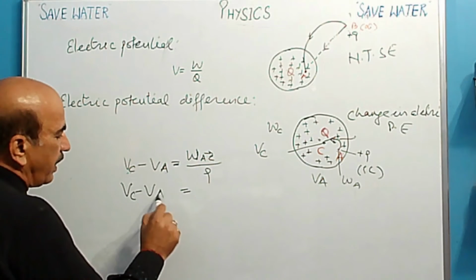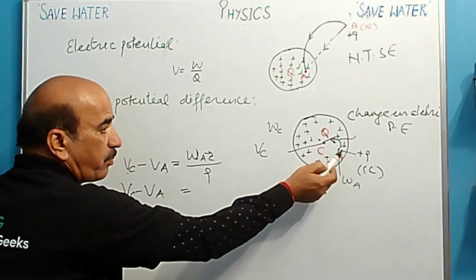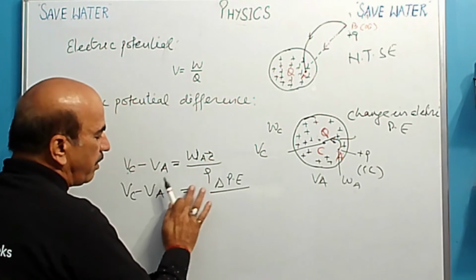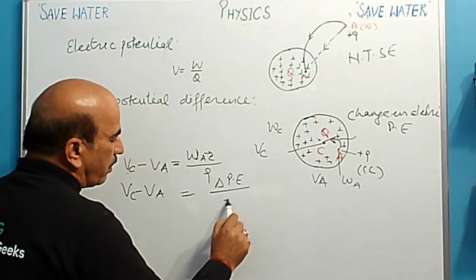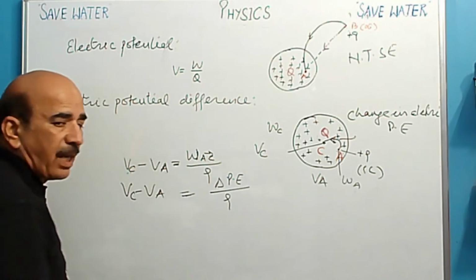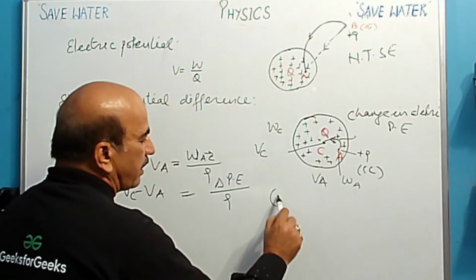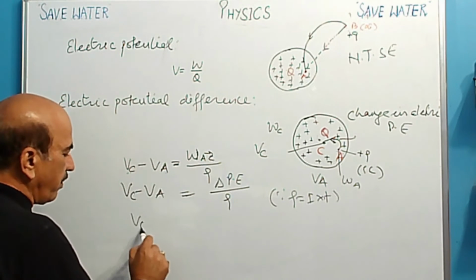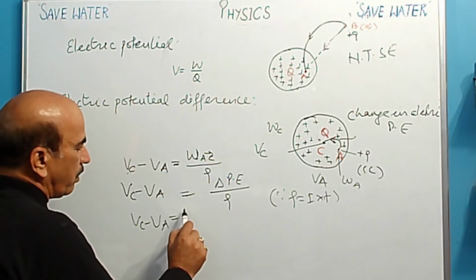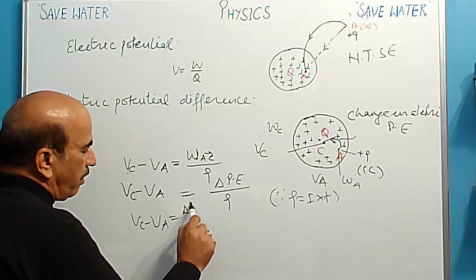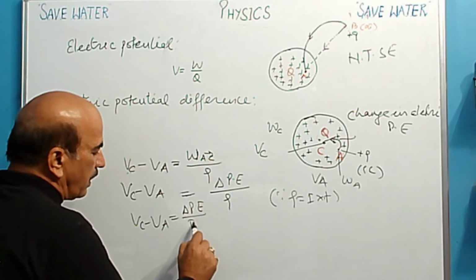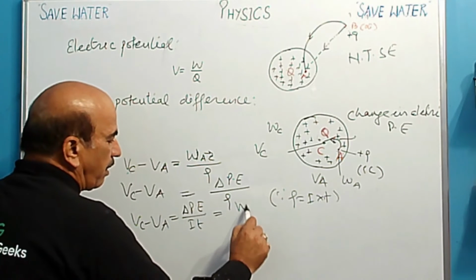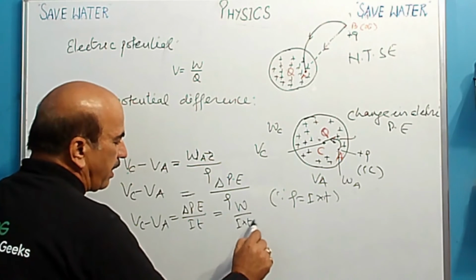VC minus VA is equal to, because there is a change in potential energy, delta PE, change in potential energy upon Q. और इसको अगर एग्जाम में न्यूमेरिकल आ जाता है तो इसको हम ऐसे भी लिख सकते हैं, since Q is equal to I into T, we can write VC minus VA is equal to delta PE upon IT, or we can say W upon IT.